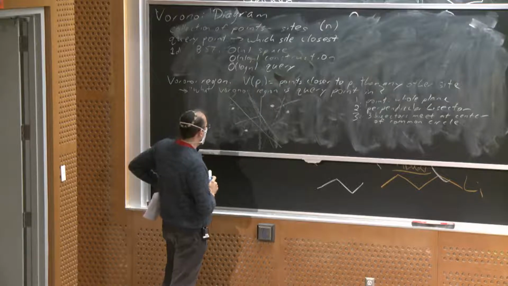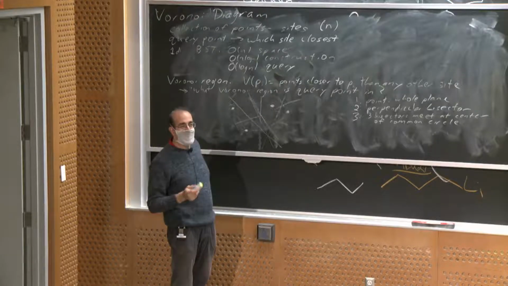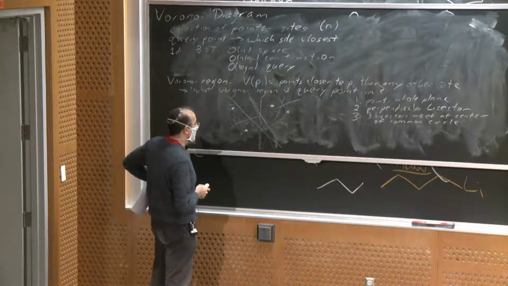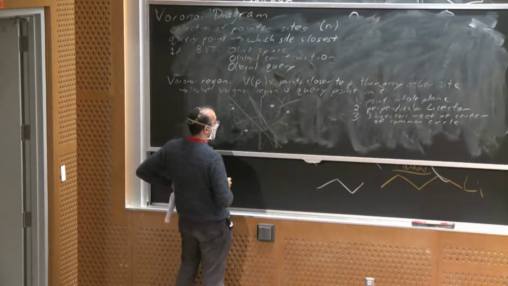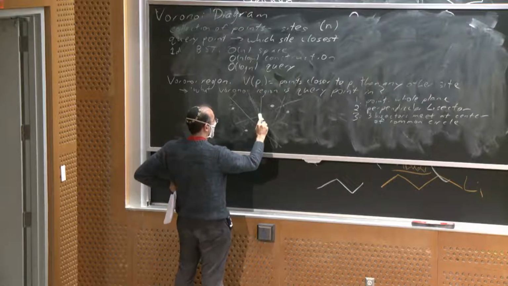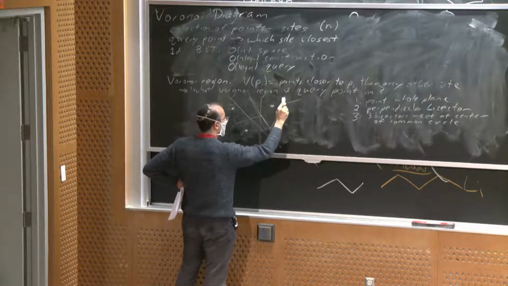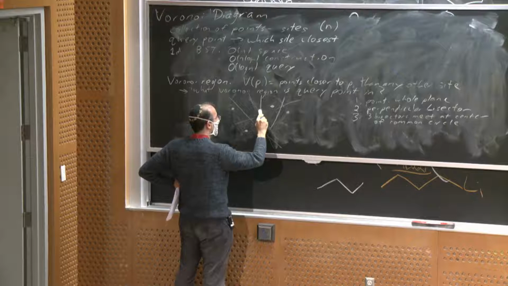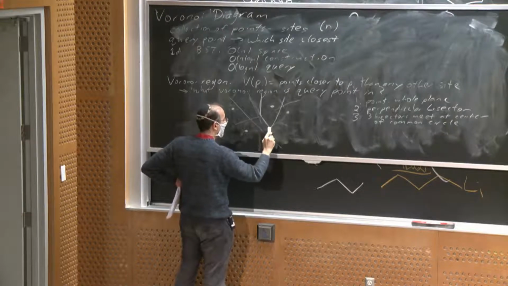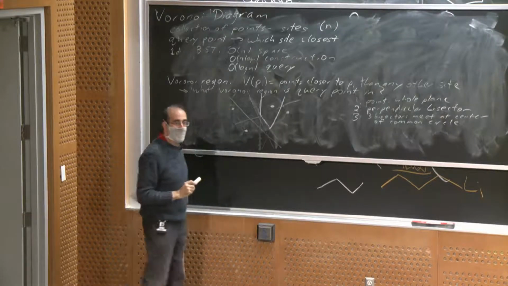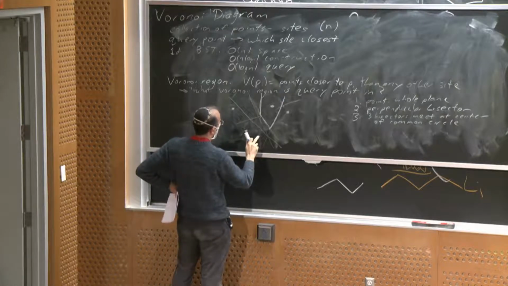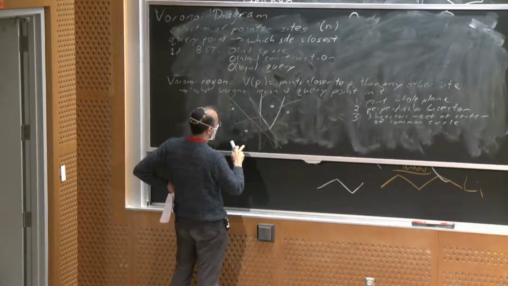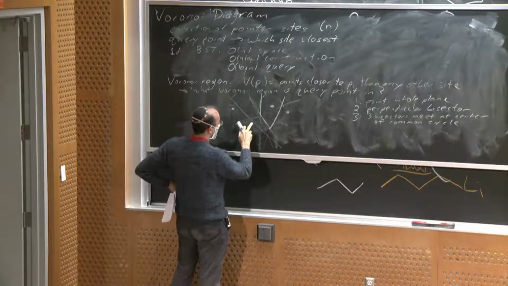And so again, I've drawn too many lines because there are parts of these lines that don't matter. So really for this point that I've added, this is important. This defines the Voronoi region for this new point. And the rest of these bisectors is not important.